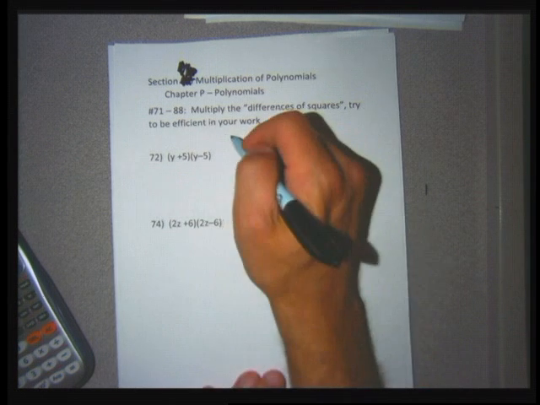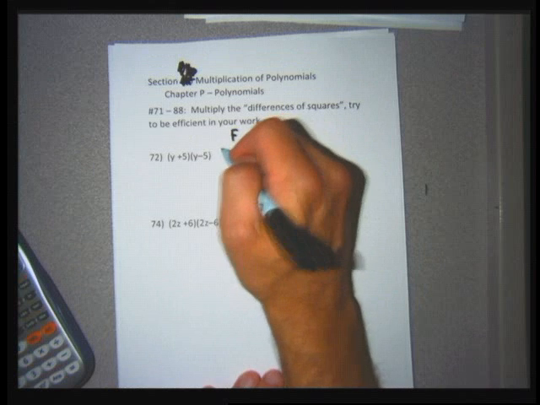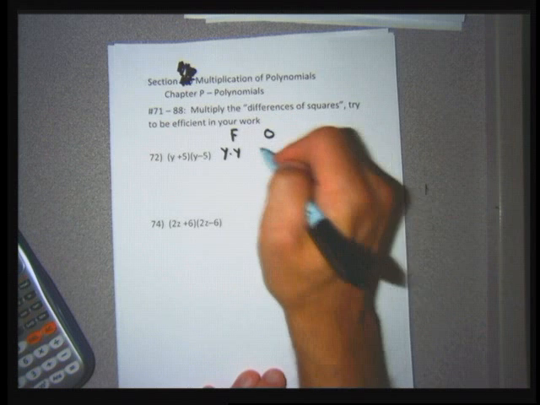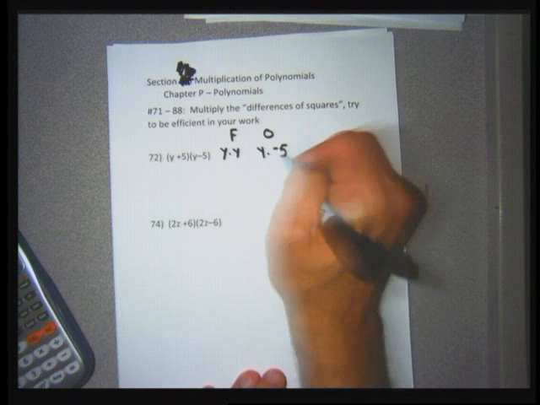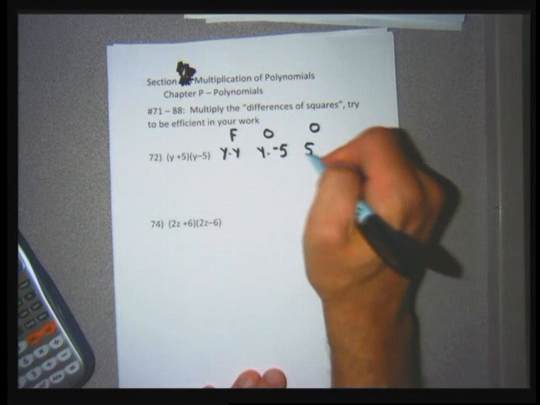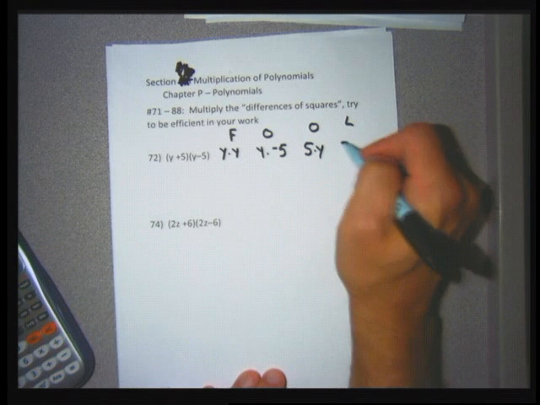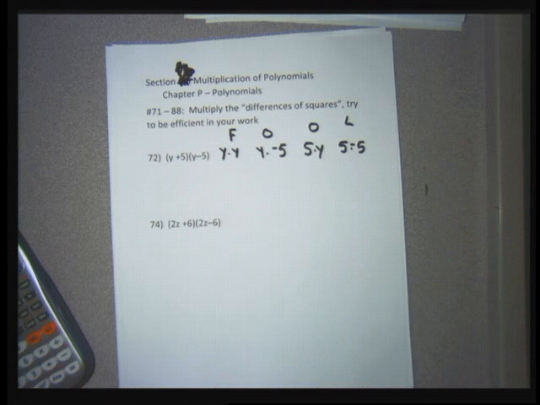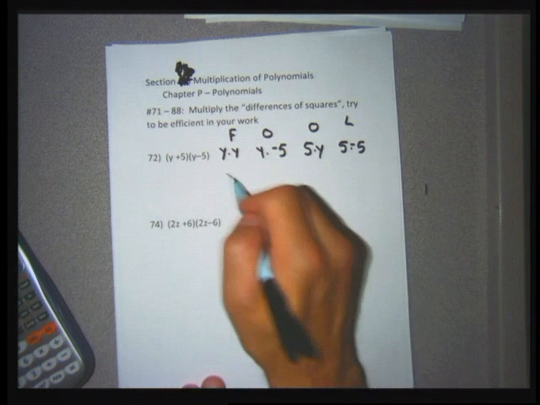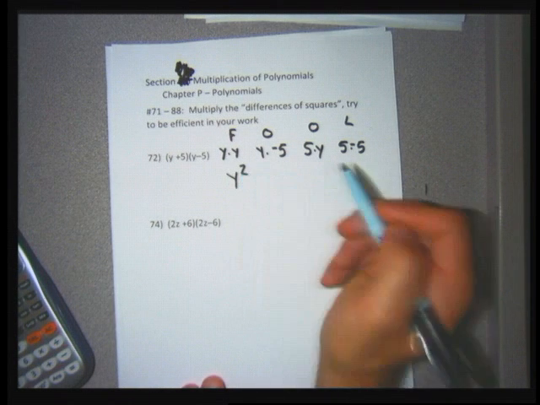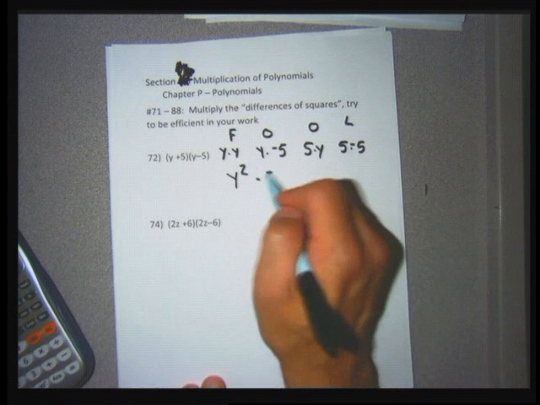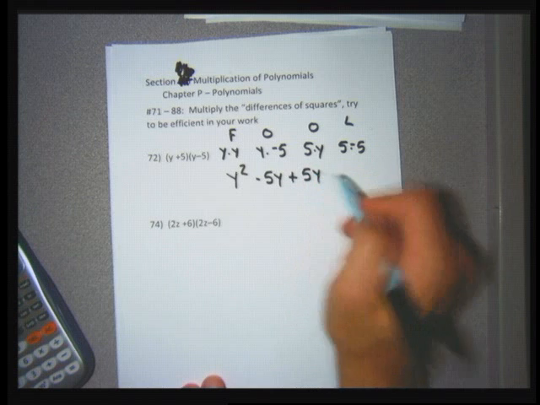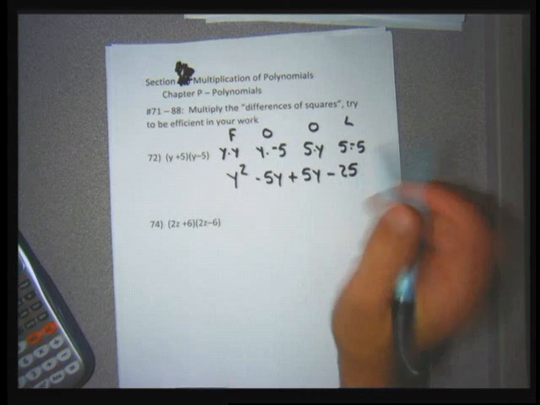I could do foiling for this. If I did for 72, if I did foiling, I do firsts, outers, inners, and lasts. And if I don't take advantage of the differences of squares or conjugate pairs, I'm doing more work than I need to. Firsts are y squared, outers are minus 5y, inners are positive 5y, lasts are minus 25.